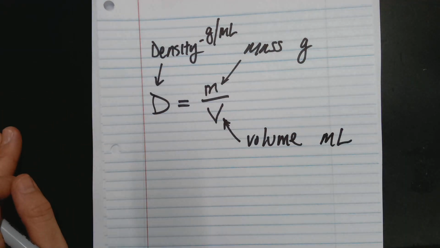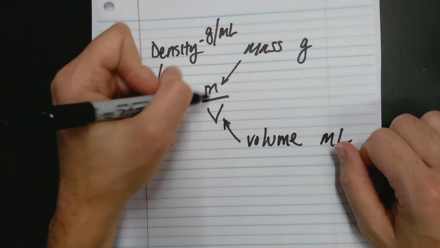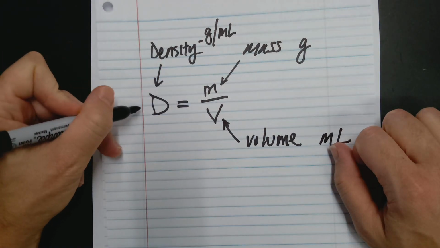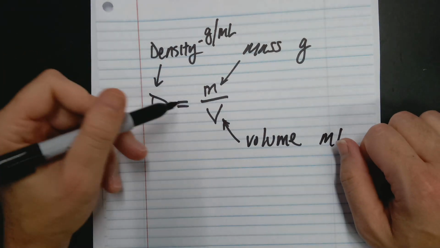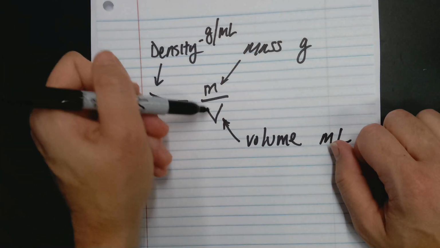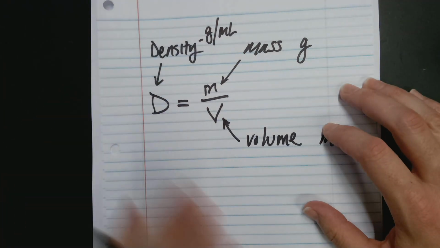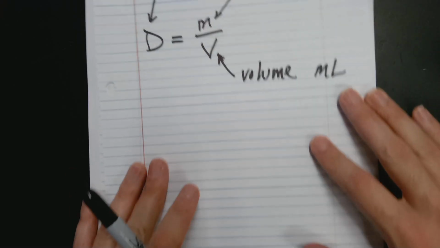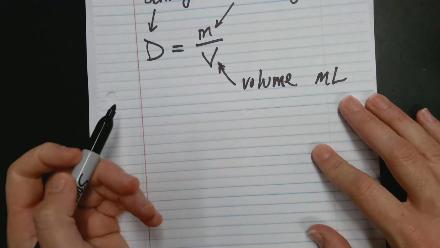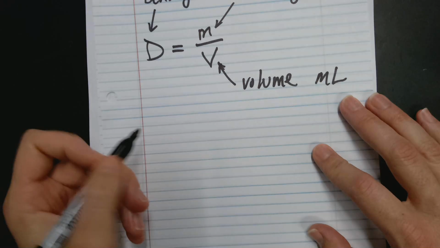Now, sometimes you're going to be given a mass and a volume, and I'm going to ask you to calculate the density. Sometimes I might give you the density and the volume and ask you to calculate the mass. If that's the case, we can rearrange this equation algebraically to solve for mass.